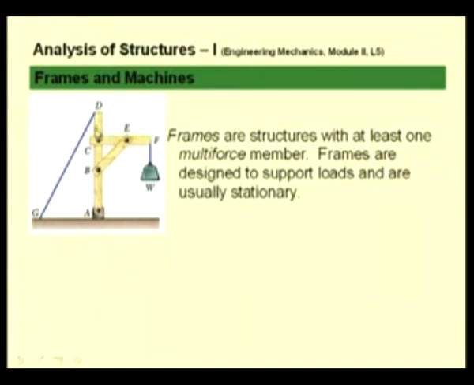So here you see in the picture a frame which is used to support this load W, which is connected at this point F. The frame is supported by a pin at A and it is tied to the point G on the ground by a taut string at D.